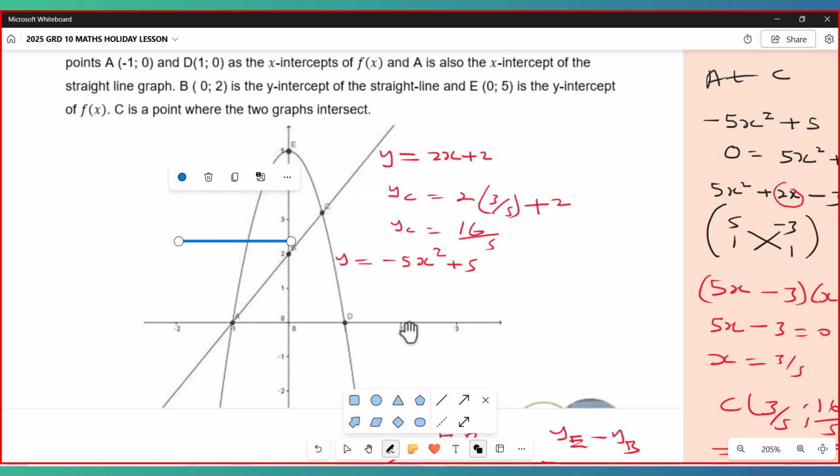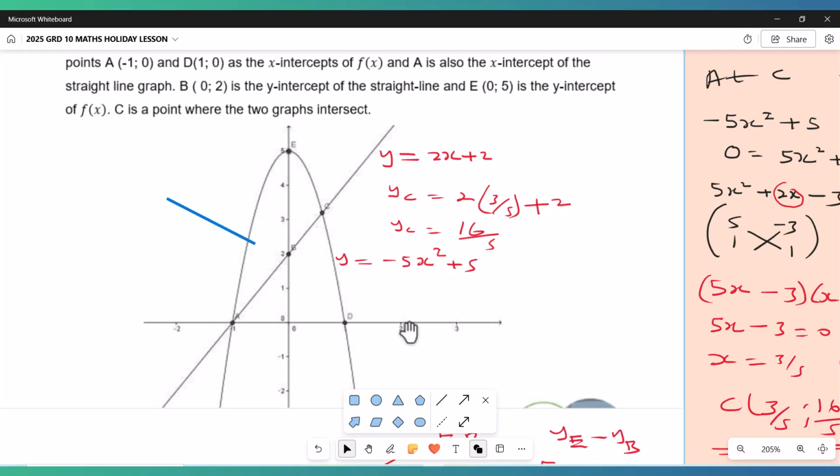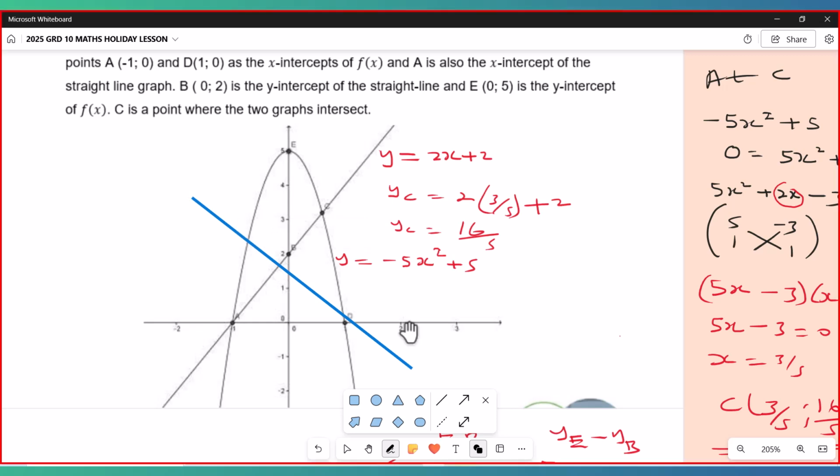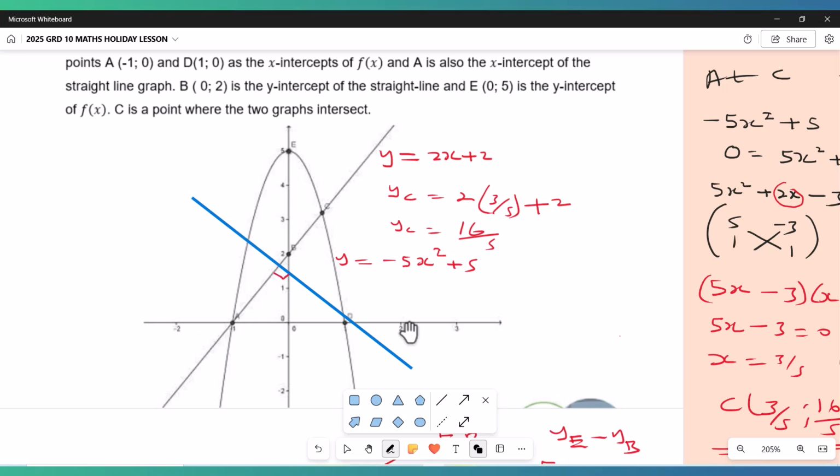Yes, so thank you. So now if this is our line we're talking about here, it's passing through the point D, like you can see it here. But then they say it must be perpendicular to this one here, to the first line. So meaning that we're going to have our 90 degrees somewhere here altogether.